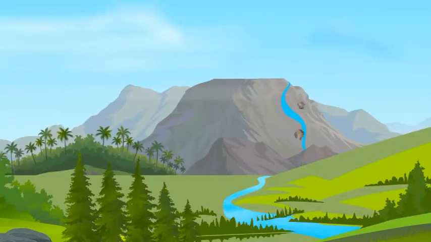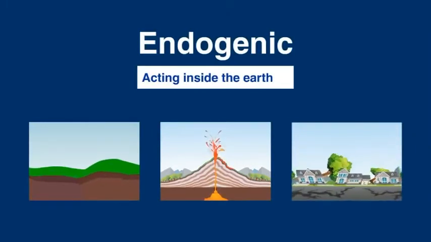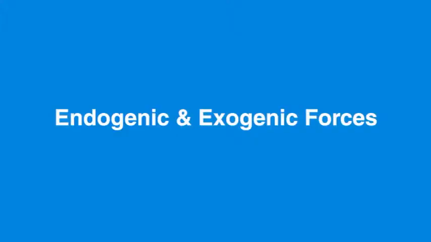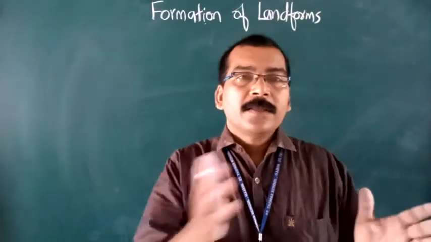Hope the difference between exogenic and endogenic is clear. There are two types of process that are involved in the formation of land. We have seen endogenic and exogenic.